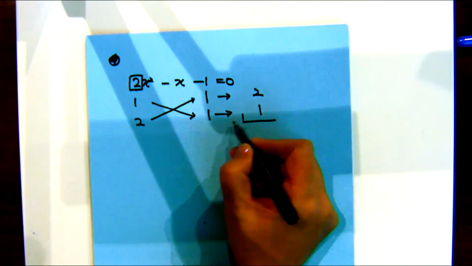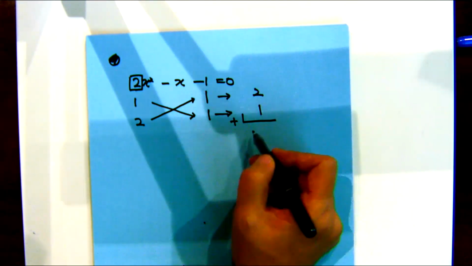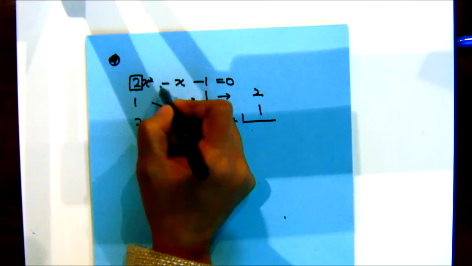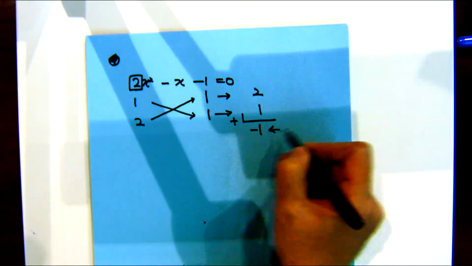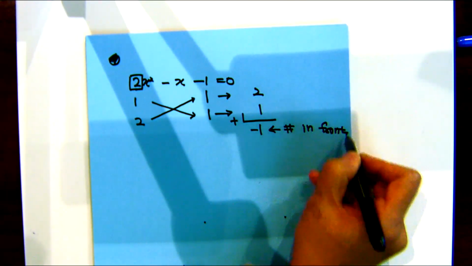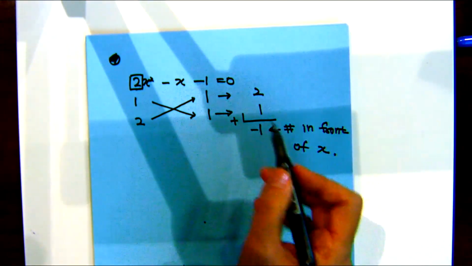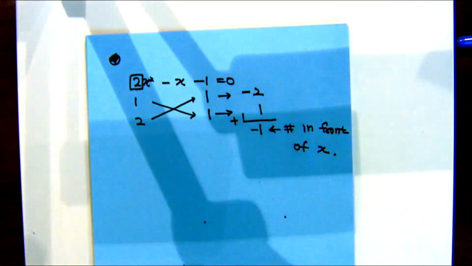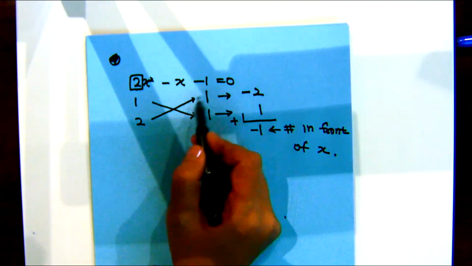The trick is, when you add these two numbers, this must be the number which appears in front of x, so -1 in this case. That can happen only if 2 becomes -2. Bigger one is negative. And indeed, we have to get -1 when we multiply. So we transfer that here.